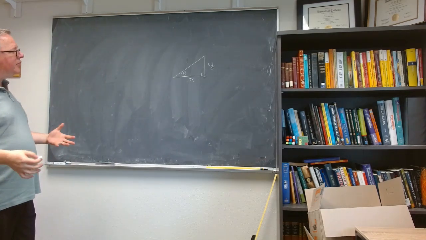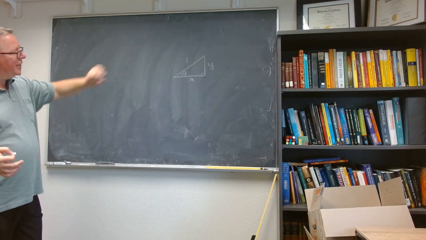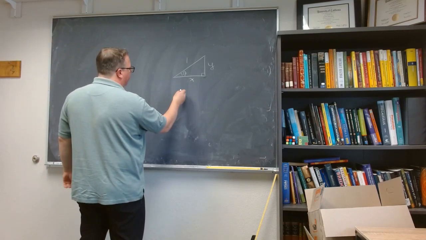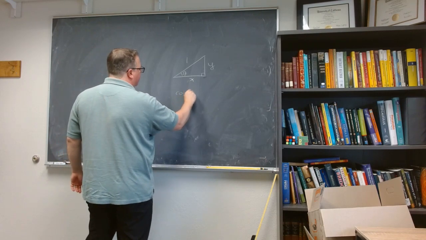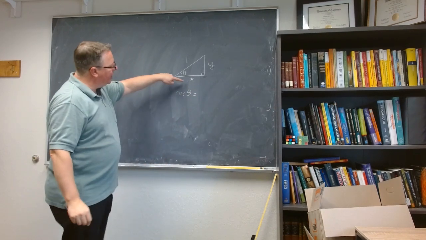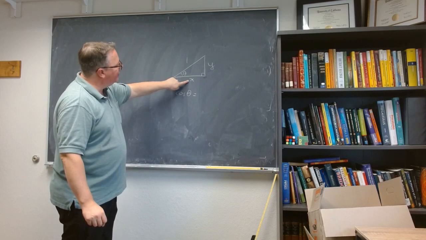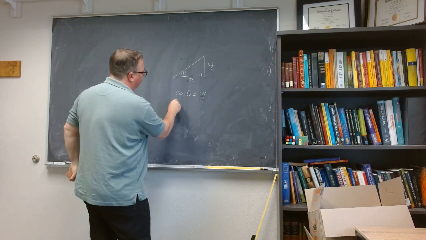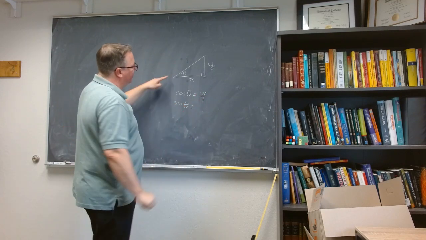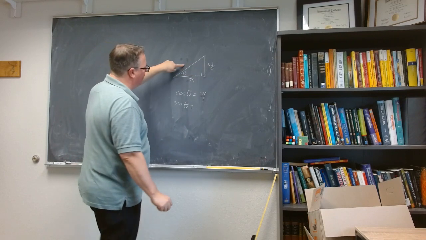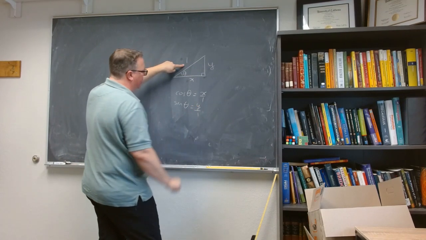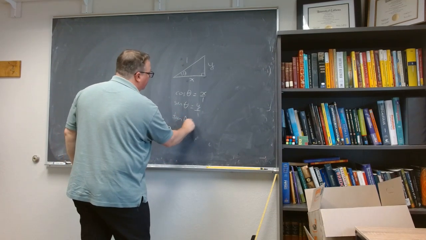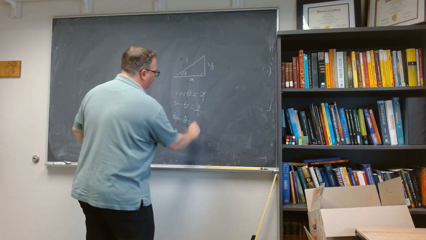And the trig functions, when we're applying them for these particular values, we have, of course, that cosine of theta is going to be the adjacent side divided by the hypotenuse. That'll be x over 1. We're going to have the sine of theta, which is going to be the opposite side divided by the hypotenuse, y over 1. And then we're going to have the tangent of theta, which is going to be the opposite over the adjacent, y over x.